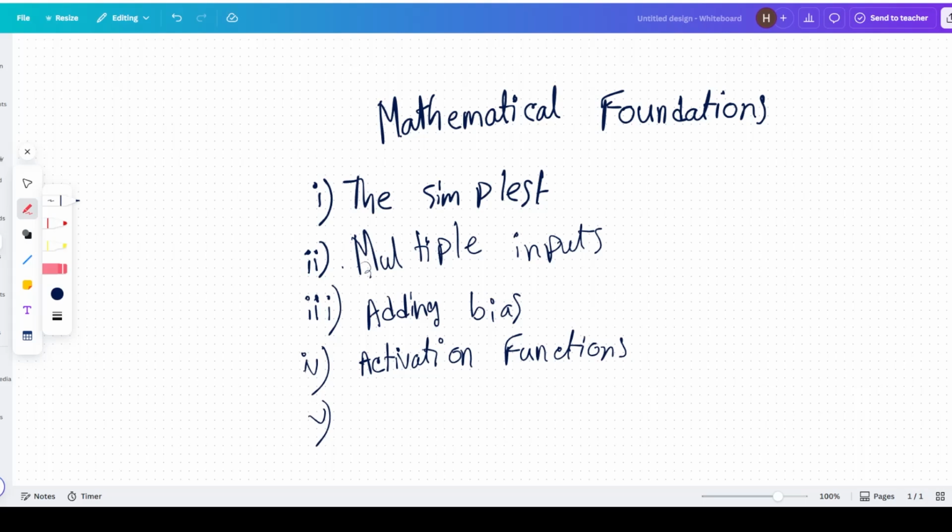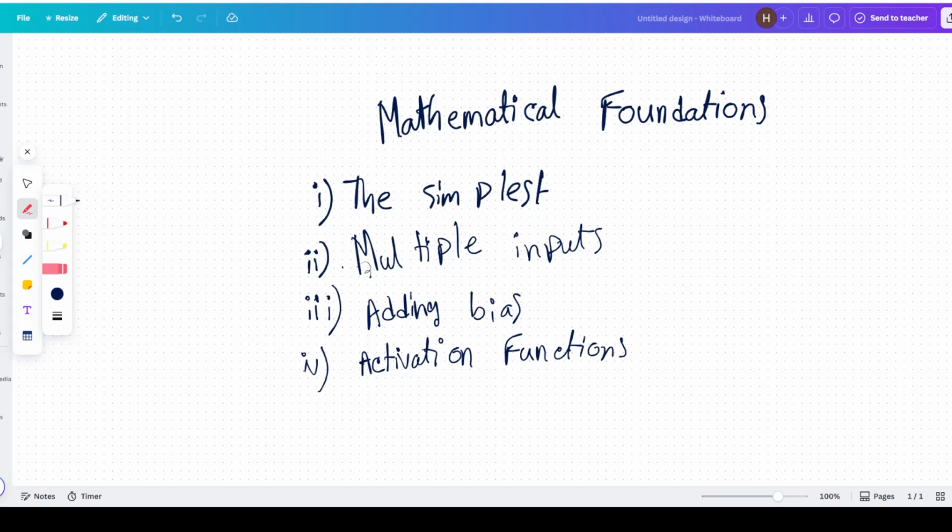I think this would be enough. In my opinion, up to stage 4 will be needed for today's video, so we will be covering just these concepts today.